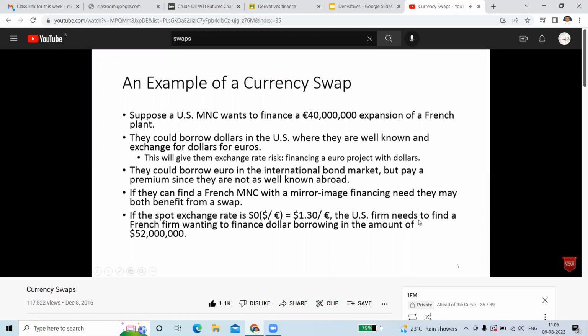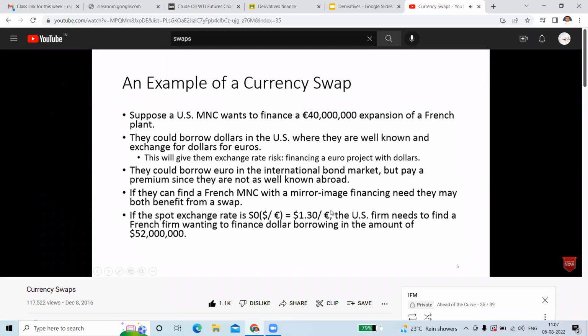And the US firm needs to find a French firm wanting to finance a dollar borrowing amount of $52 million. Right? 40 million euros at the $1.30 rate is $52 million.